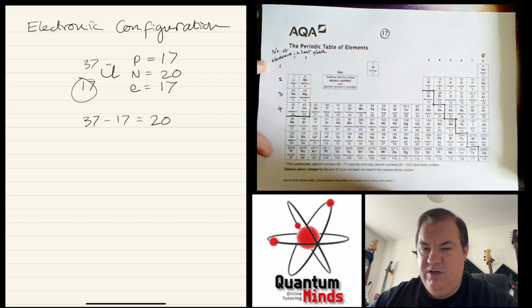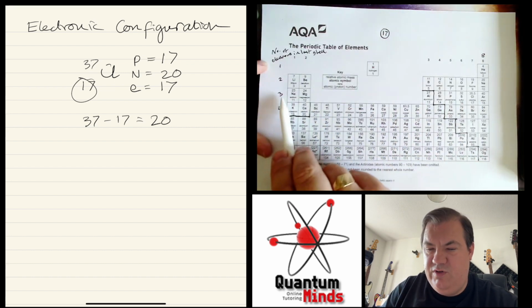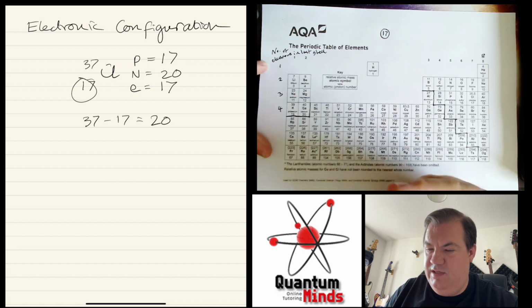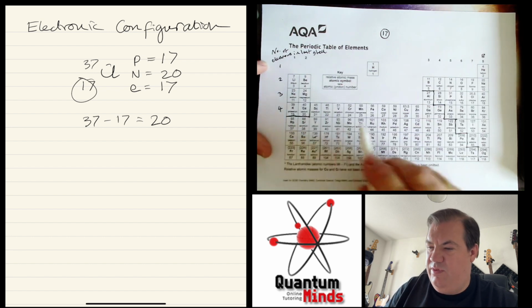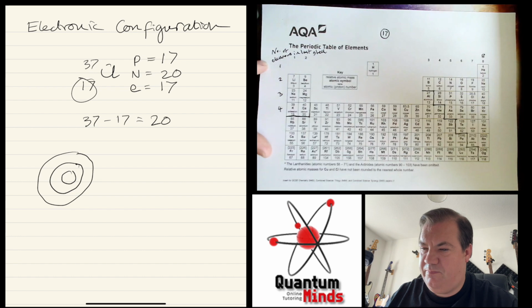Now, looking back over here, we can see that chlorine is in that 3rd row, okay? So what we can do is use that number to tell us how many shells we would need to draw for that one. If it's in the 3rd row, we need to draw 3 shells. So 1, 2, 3, like that.